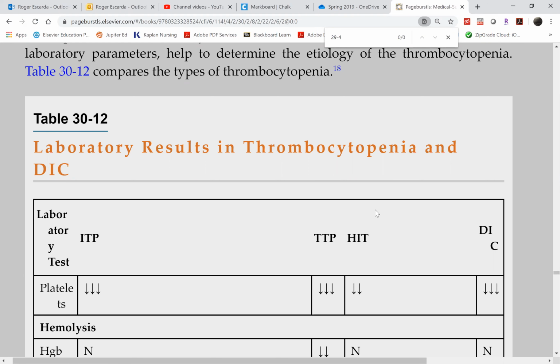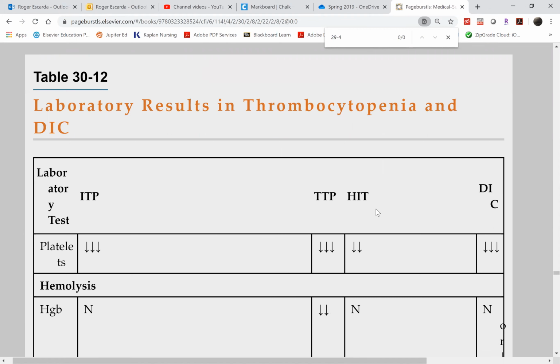So what happens is the DIC has two phases. There's a clotting phase, and there's also a bleeding phase. The clotting phase isn't very fatal. It's really the bleeding phase that kills the patient, because in the clotting phase the clots are microscopic.